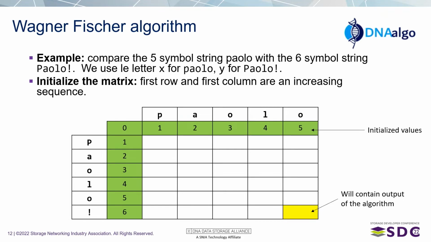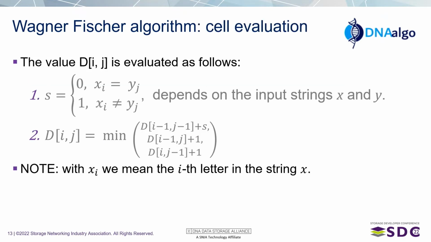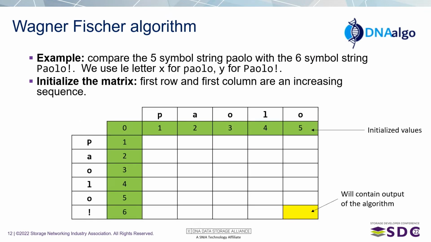And we need to fill up all the cells of the matrix. And the exact result, so the edit distance between these two strings, is in the last cell, the yellow one. So if we go on with our example, how do we fill up all the cells of our matrix?